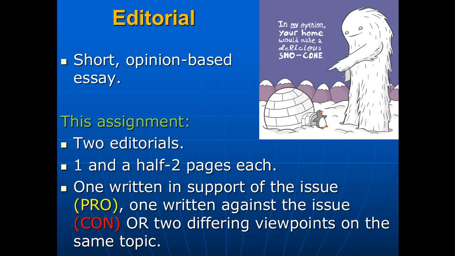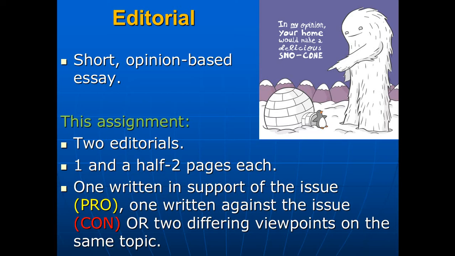If you have something that doesn't break down easily into pro and con, something like cyberbullying or child abuse, where no one's going, yay, cyberbullying, yay, child abuse, instead there you would want to look at competing viewpoints.